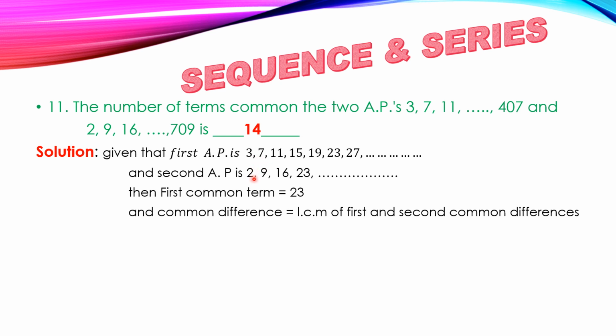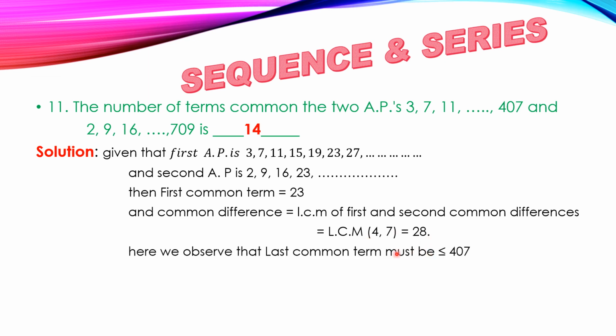In the second AP, the common difference is 7. Now that is the LCM of 4 and 7. Here we observe 4 and 7 are relatively prime numbers. Now the LCM of these is the product of these numbers, that is 4 into 7 equals 28.